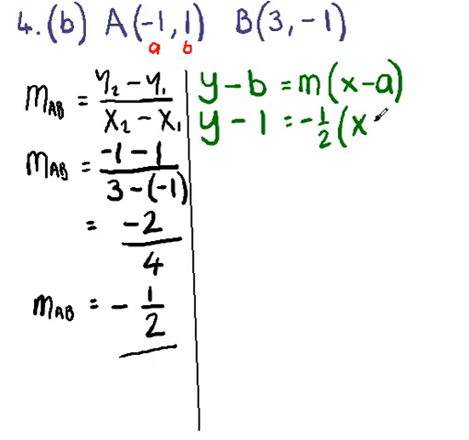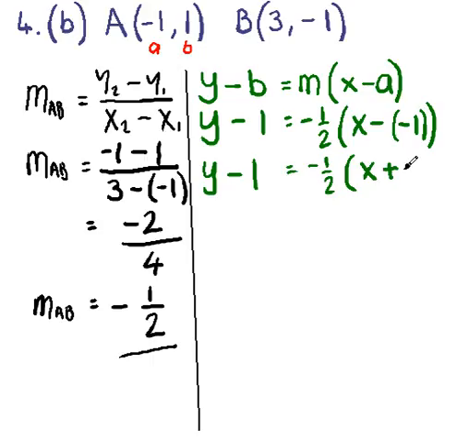So a is minus 1, so it's minus minus 1. So that gives us y minus 1 equals minus a half, and x, two minus signs make a plus sign, x plus 1.